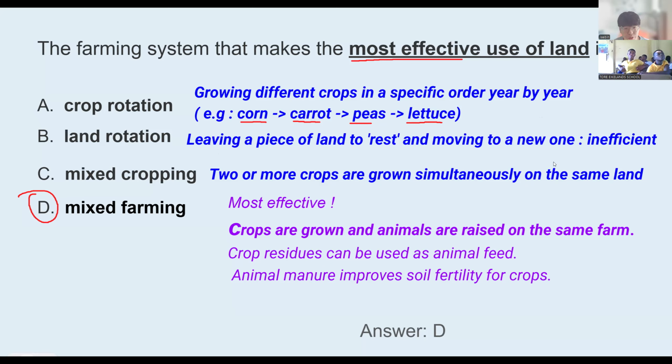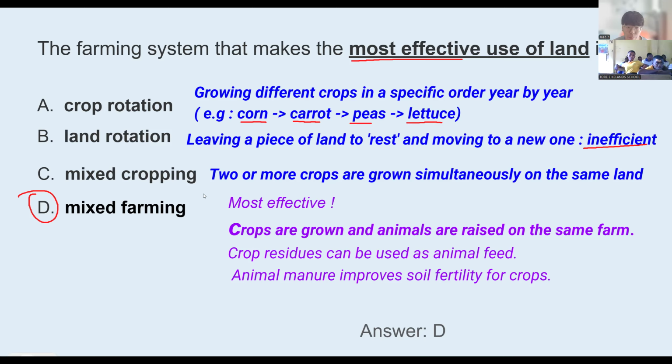So this option is very inefficient because you're leaving the land to rest, so that might take a lot of time. And you need a lot of land as a consequence. So when you move on to a new land, then that other land that was previously used for crops is useless. So that's why it's ineffective.